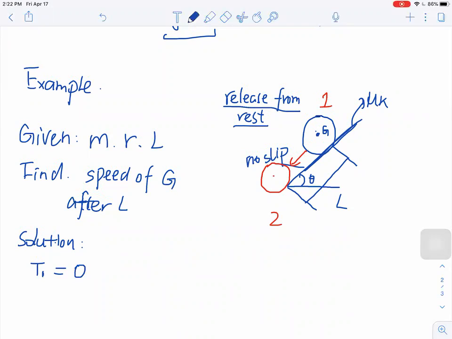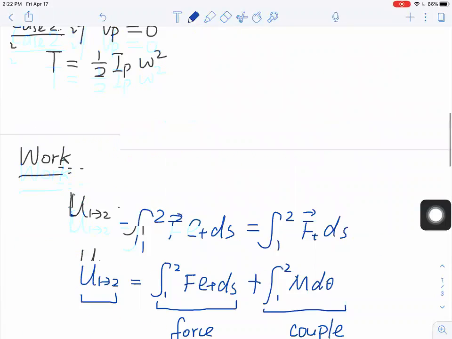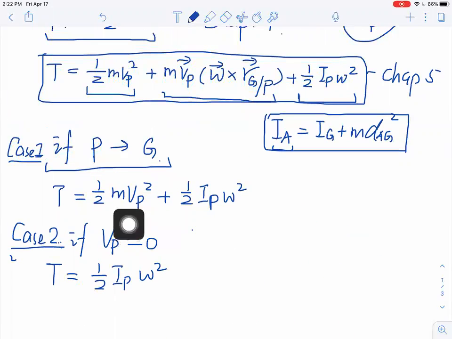How about at position 2? We know at position 2, this disk definitely has some speed, right? Let's go back to the equation. It's going to have a speed at position 2, and it's going to have some angular velocity as well.